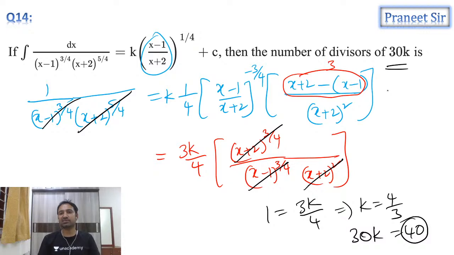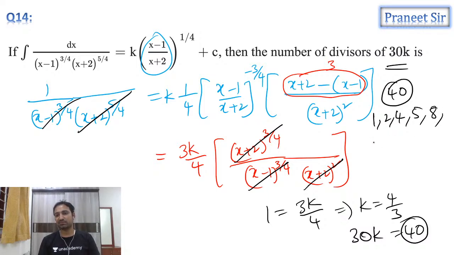So how many divisors of 40? 40, how many divisors are there, guys? 1 is there, 2 is there, 4 is there, 5 is there, 8 is there, 10 is there, 16 is there, no, right? 20 is there, 40 is there. How many are there, guys? 10 divisors should be there, right?